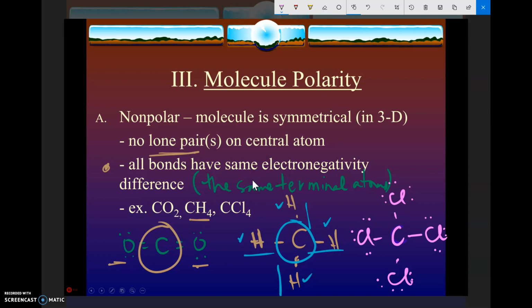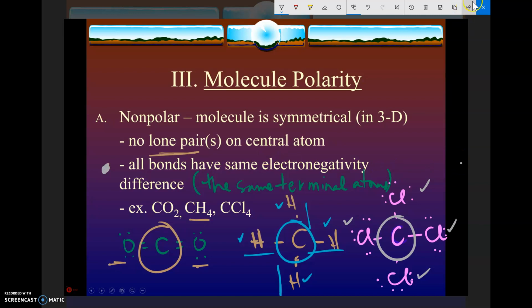Okay, so once again, let's look at our central atom. Here's carbon. Does it have any lone pairs? The answer is no. And do they have all the same terminal atoms? And the answer is yes. There's chlorine for all 4 terminal atoms. So therefore, that's an example of a nonpolar molecule.